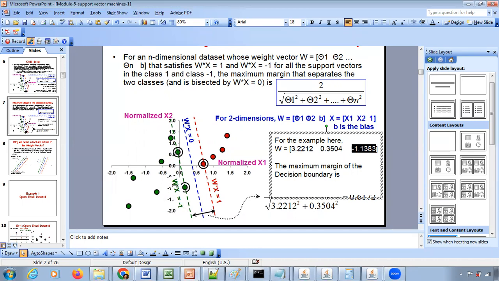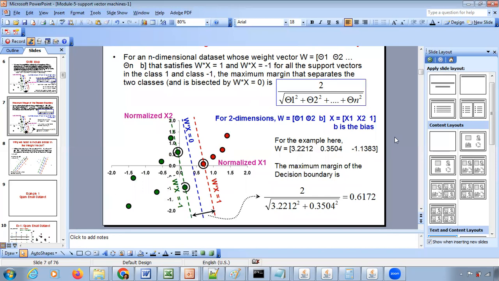You need to satisfy the equations Wx equals -1 and Wx equals 1. Then the math will see if a bias needs to be added in order to satisfy all these requirements. And in this case, yes, the bias comes out to be -1.1383.